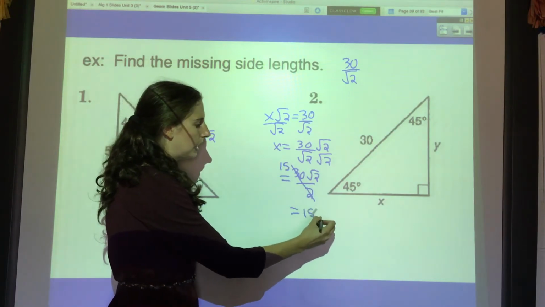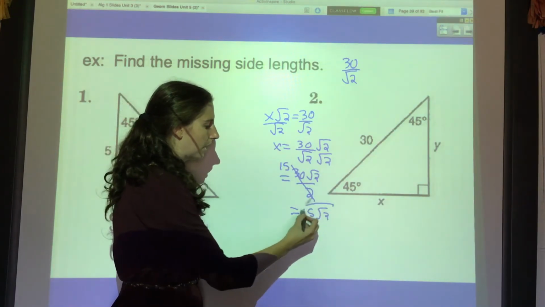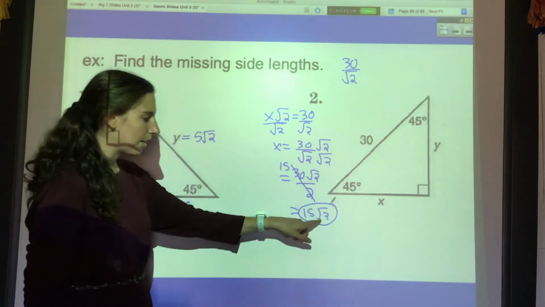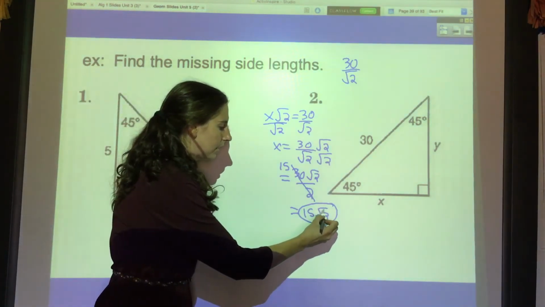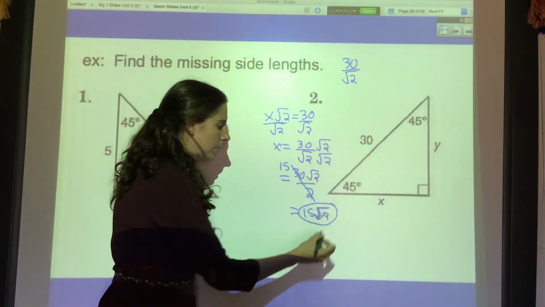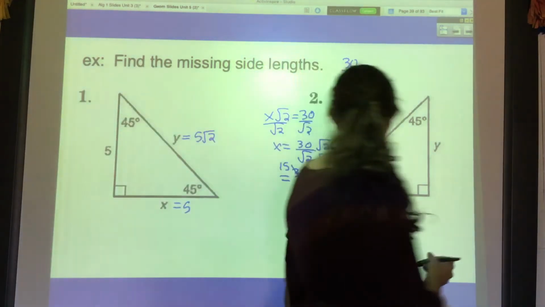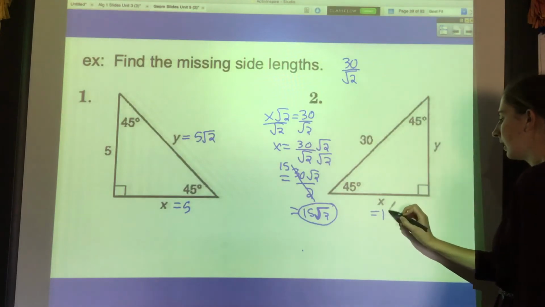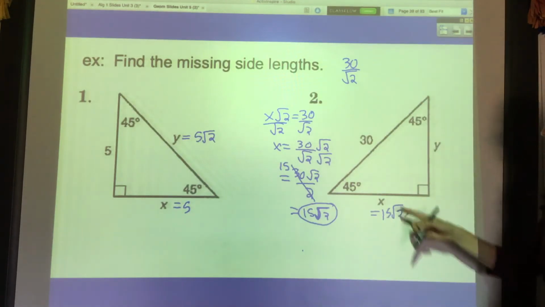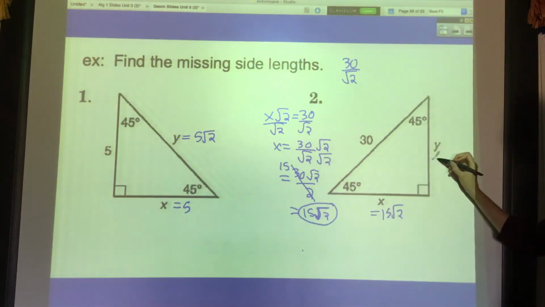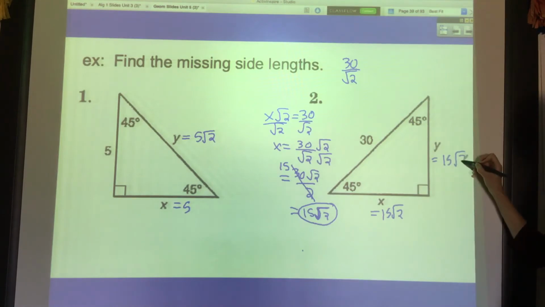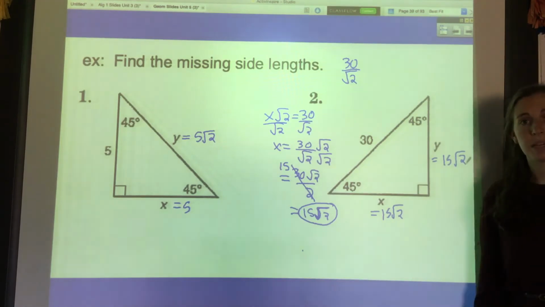So 15 root of 2 is my final answer, because now I have no radical left in the denominator. So this is more simplified than this was originally. So x is 15 root of 2, and these are always the same, so y is also 15 root of 2.